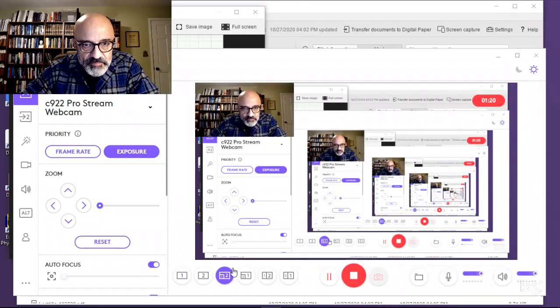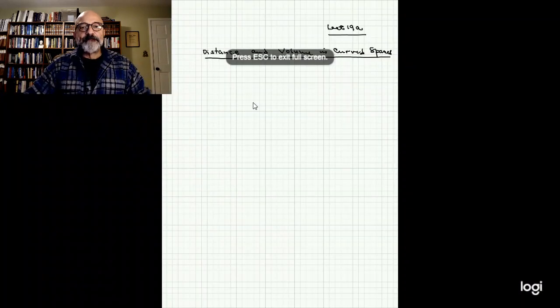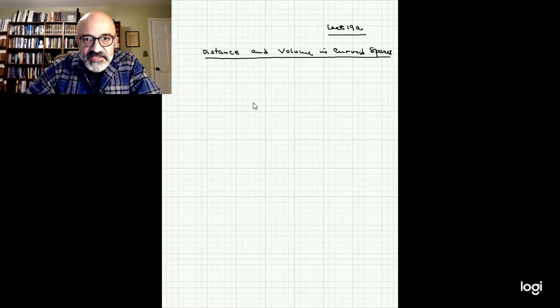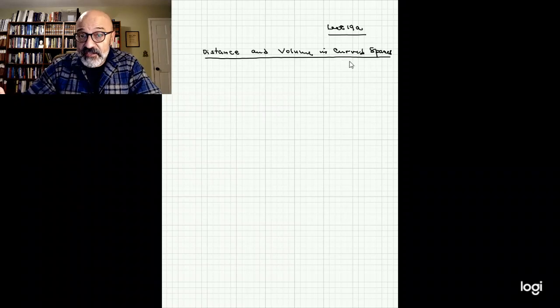Let me bring up my digital tablet. So what we would like to discuss is the notion of distance and volume in curved spaces in general.